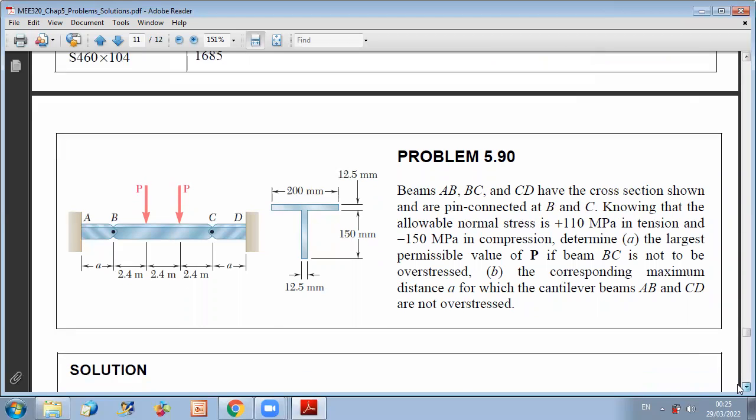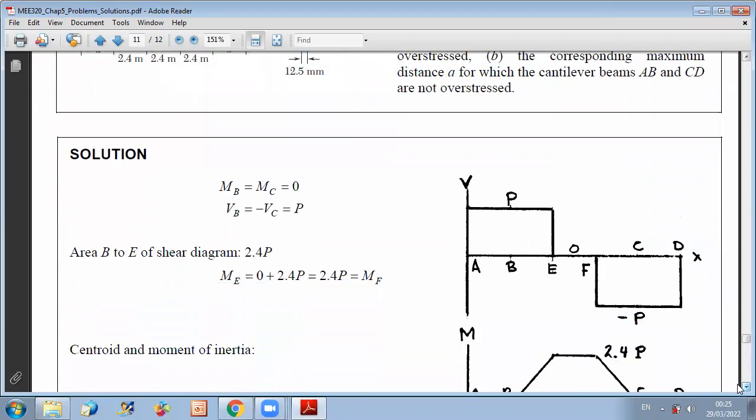Now, to start with, as we discussed, we have a reaction at A equal to P, and at D also.